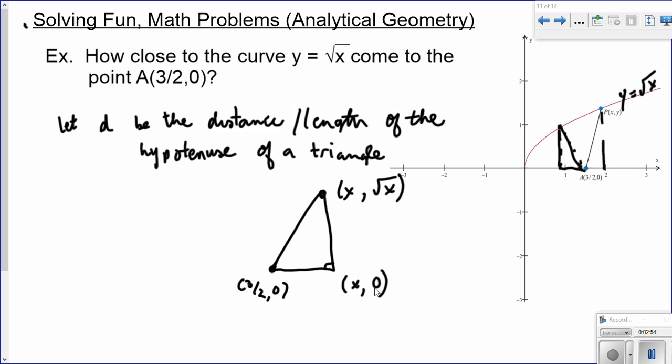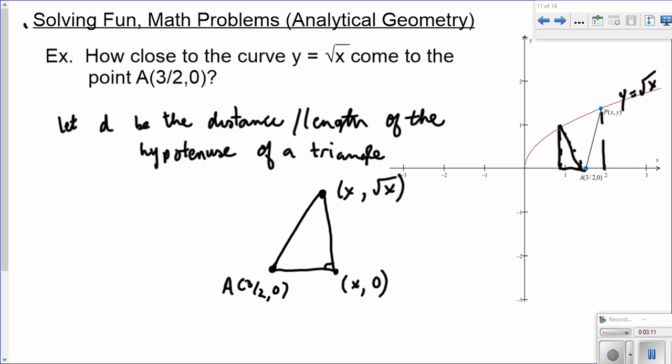distance formula here. This point right in here is going to be the x-coordinate of my given point P and the y-coordinate of my given point A, and that's the point x, 0, any point along the x-axis.